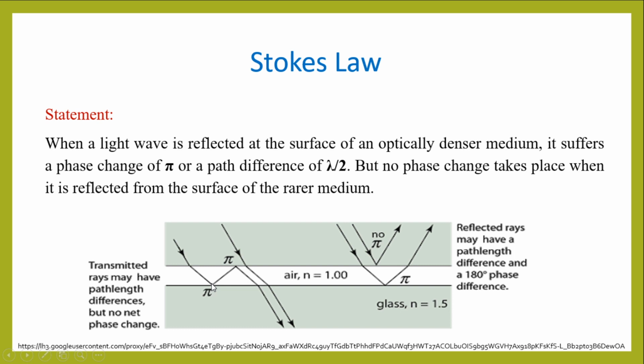At the boundary, that is interface between air medium and glass medium, this ray is reflecting, and again at the interface separating air medium and glass medium, it is reflecting and transmitting into the glass, that is denser medium.